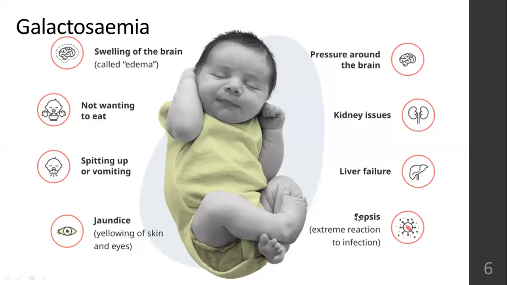So that is sepsis. It depends how much it will take to develop sepsis. It also depends on the child's immunity: how frequently the child was falling ill before, what is the level of the child's immunity, how strong the child is. It's very subjective. Your immunity also plays a role in controlling sepsis. So these are the symptoms of galactosemia.